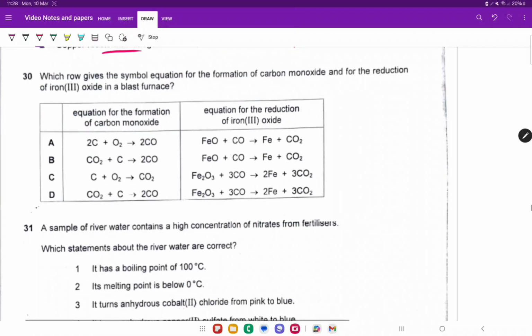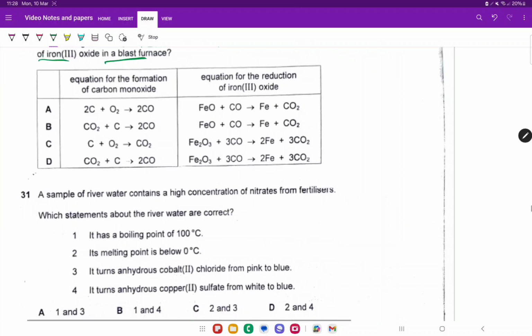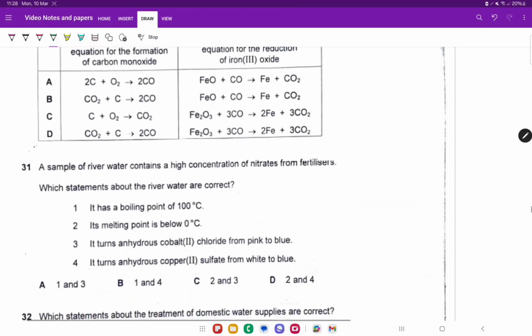Next is, which row gives the equations for the formation of carbon monoxide and for the reduction of iron oxide in the blast furnace? In the blast furnace, carbon monoxide is formed by the reaction of more of the incoming coke with carbon dioxide. Carbon dioxide will react with coke to form carbon monoxide. Therefore, the answer could be B or D. These two are not correct.